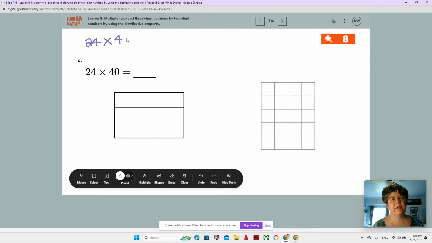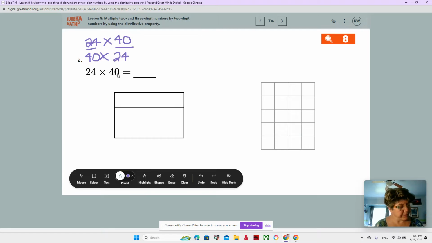So maybe we're measuring jelly beans and we have 24 different groups and each group has 40 in them. Or we can have 40 groups and each group has 24 in them. Okay, so we can do that. We can switch them back and forth because of the commutative property of multiplication, right?